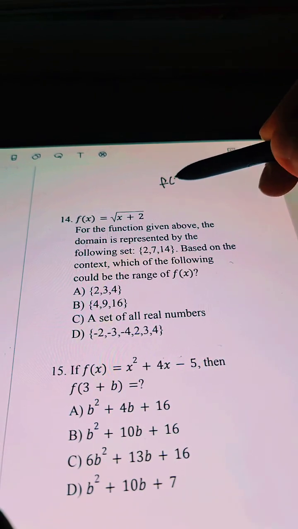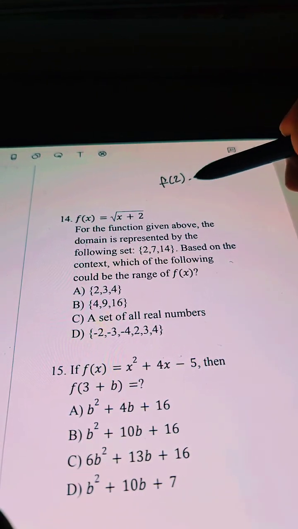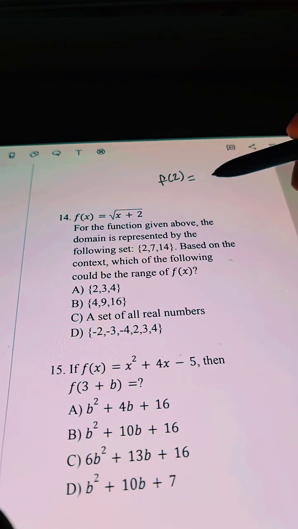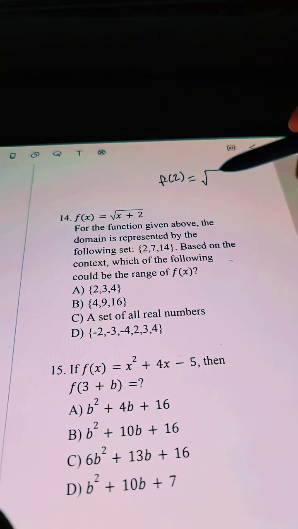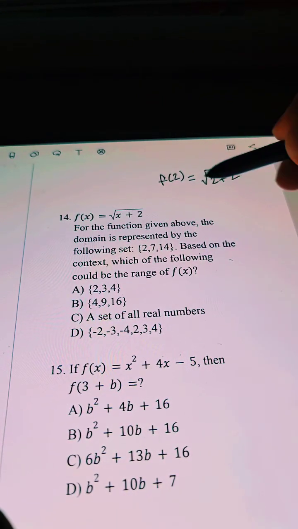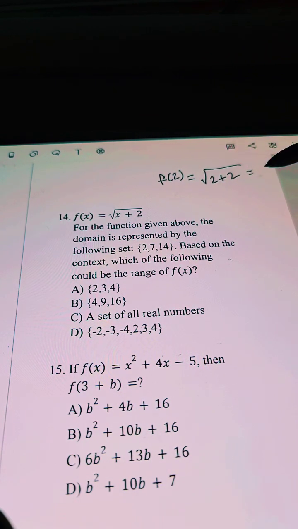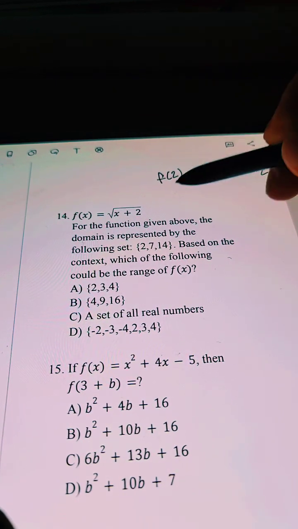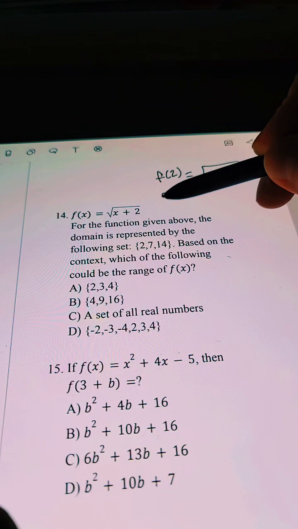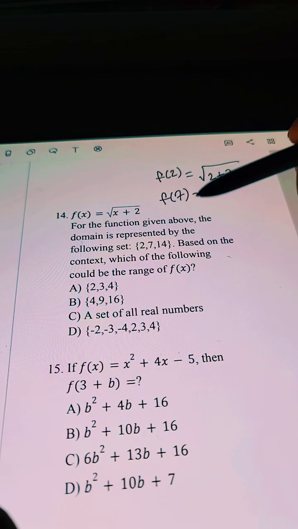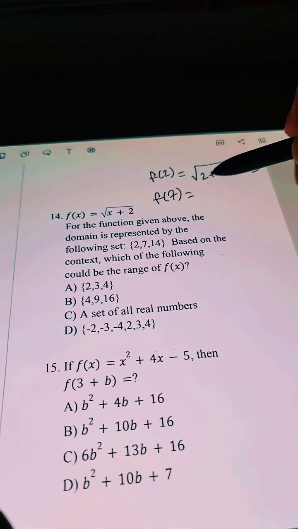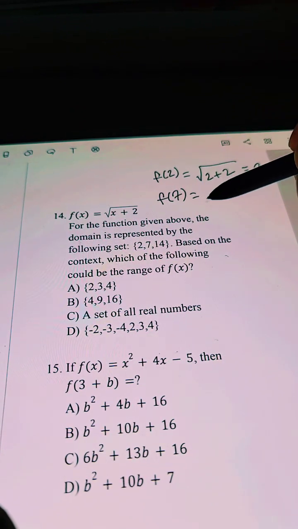So f of 2 means that x is going to be 2. So then I'm going to have the square root of 2 plus 2, which is the square root of 4, which is just equal to 2. And then we're going to say, okay, well, what about if I have f of 7? What if my x is 7? Because that's another possibility that we were given.